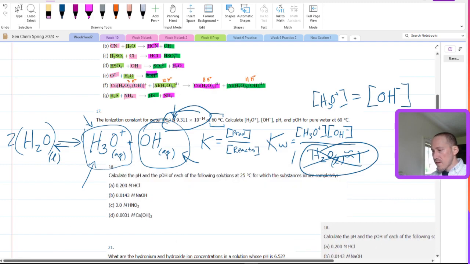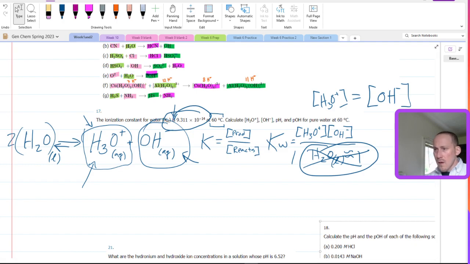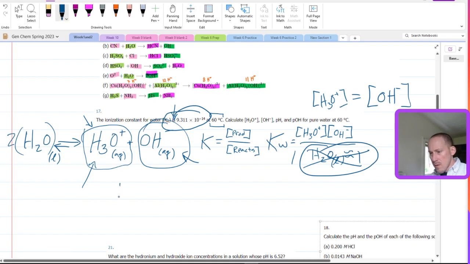Let me move this stuff around and clean it up later. So the Kw is going to equal, and let's call these X, by the way. Whatever it is, it's X, and it equals itself. So it equals X times X, right? And that equals 9.311 times 10 to the minus 14th.